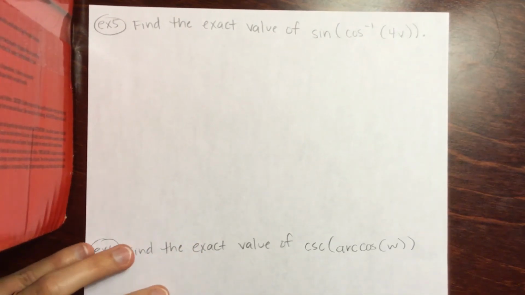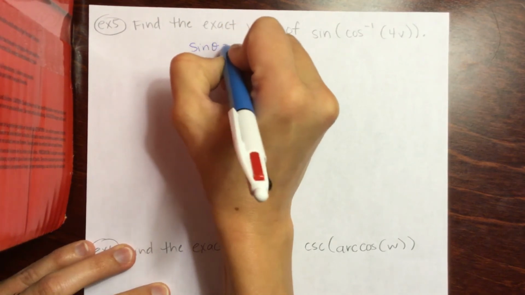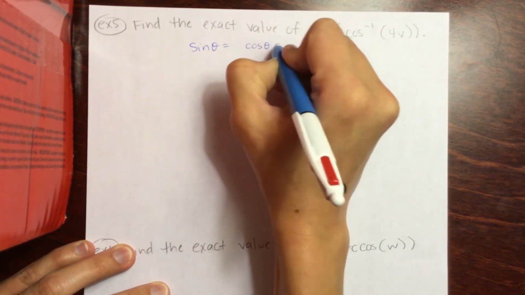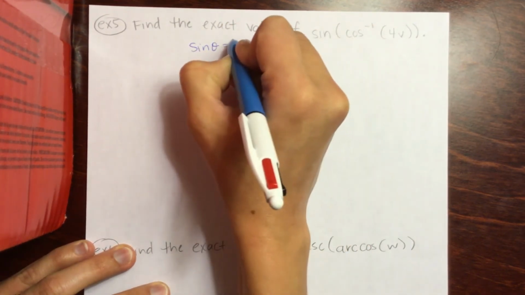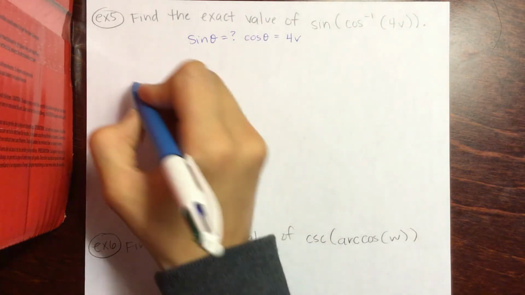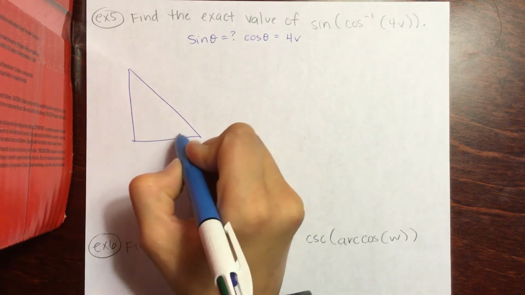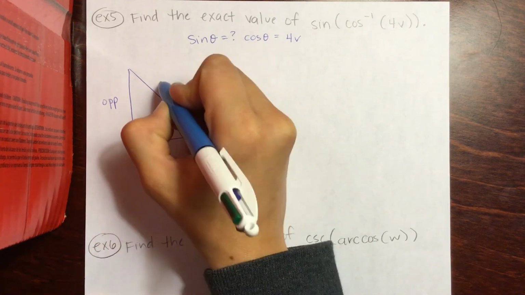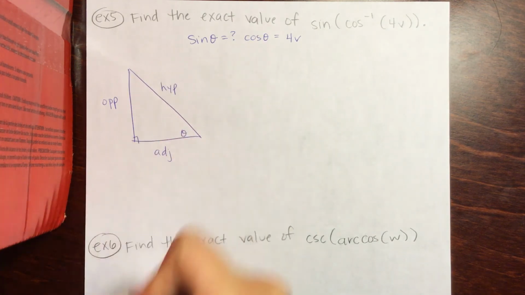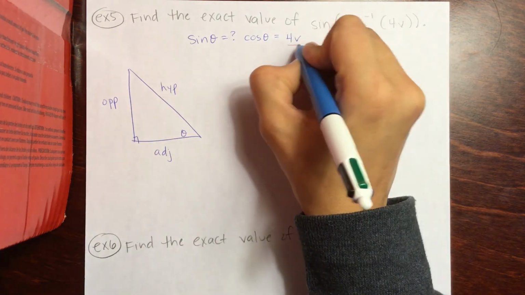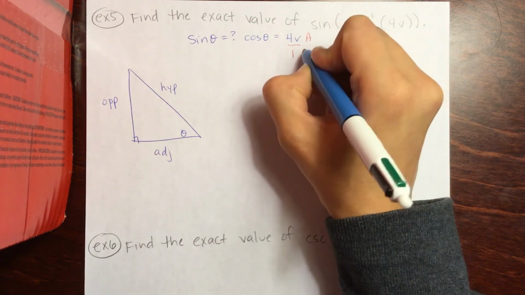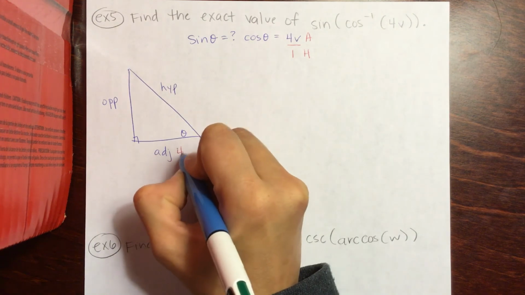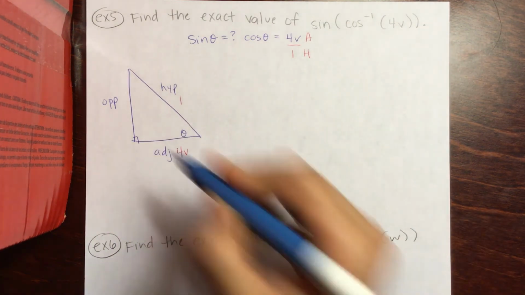All right, find the exact value. I'm looking for the sine fraction, and they give me the cosine fraction is 4v. So we're going to draw our triangle, put theta wherever you want to, label the sides, and this is the cosine fraction. I can turn it into a fraction by writing it over 1, so my adjacent side and my hypotenuse.